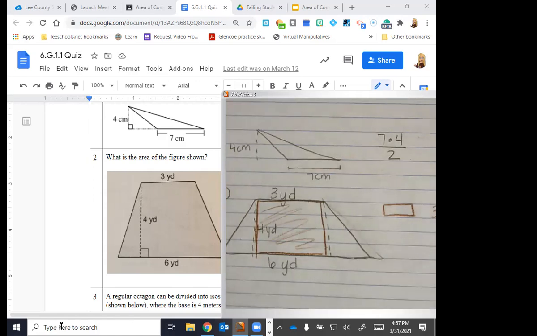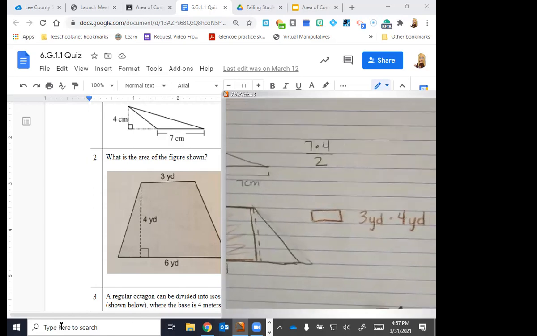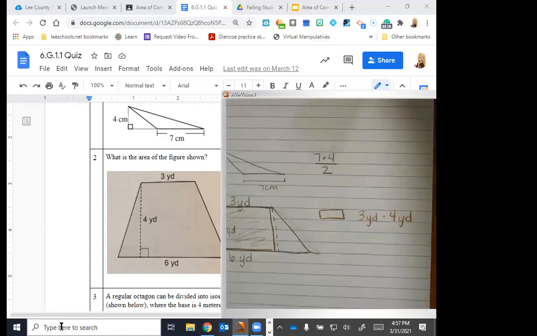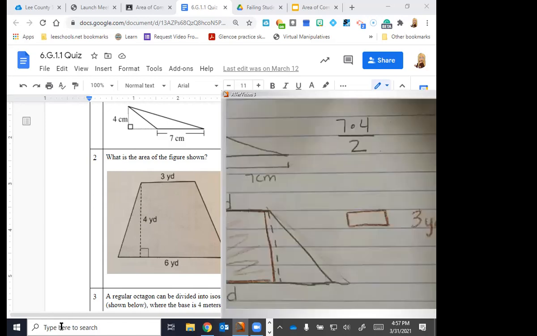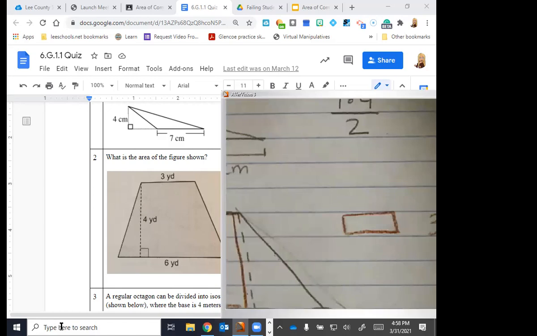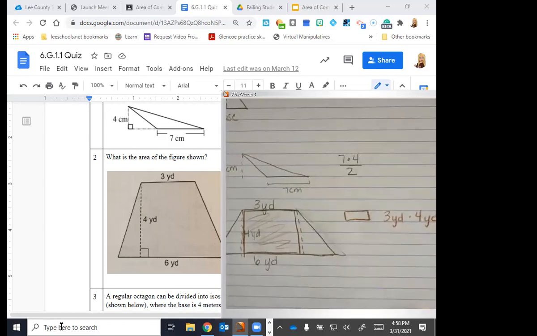So to find the area of that, you're going to do 3 times 4. Let me slide my paper over and zoom in a little bit so you can see 3 yards times 4 yards for the rectangle.